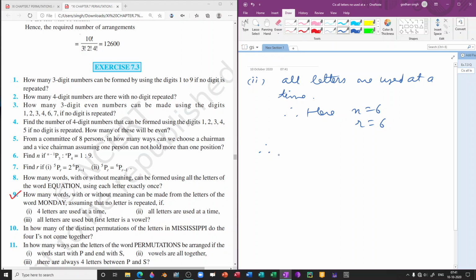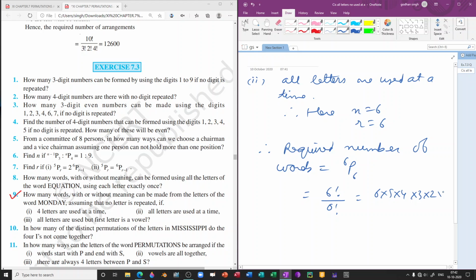Therefore required number of words equal to 6p6, and that is equal to 6 factorial over 6 minus 6, that is 0 factorial. So it will be equal to 6 into 5 into 4 into 3 into 2 into 1, which is 6 into 4 is 24, 24 into 5 is 120, 120 into 6 is 720. So answer this will be 720. So this is the answer of the second part.